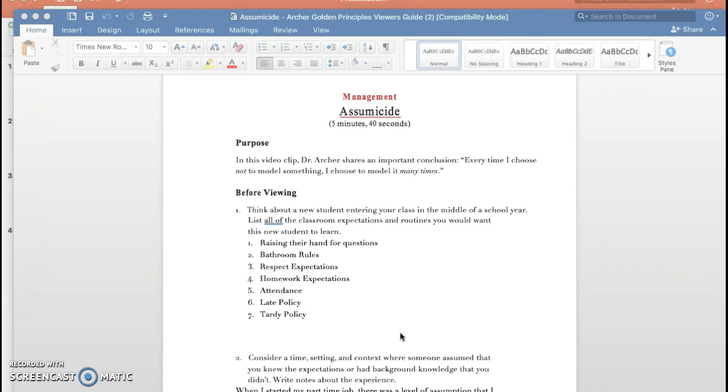And for me, I really want to have them understand their expectations for homework, for raising their hand, for attendance, for late policy, for the tardy policy, stuff like that. And it seems trivial as a high school teacher, but in reality, it's this structure that I think is a lost art, and it's something that students don't necessarily have or experience in their classroom anymore.